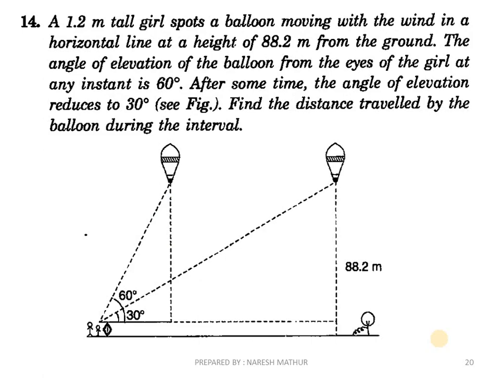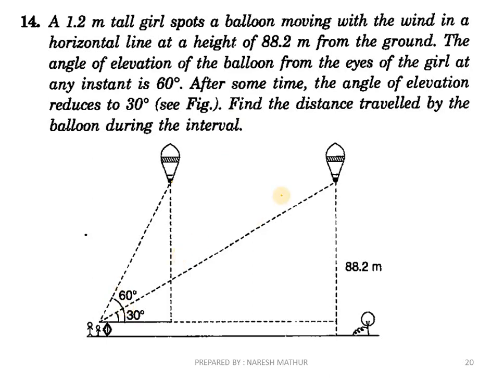The next question says, a 1.2 meter tall girl spots a balloon moving with the wind in a horizontal line. I'll summarize the question in a simple way. Initially the balloon is at a certain point. When the 1.2 meter tall girl is spotting it, the angle of elevation of that balloon is 60 degree.